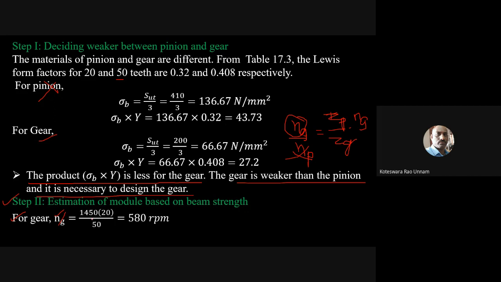Zp, the number of teeth on the pinion, is given as 20, number of teeth on the gear is 50, and speed of the pinion is 1450. From that you'll get 580 rpm. We calculate this because to find the velocity factor, we require this Ng value.